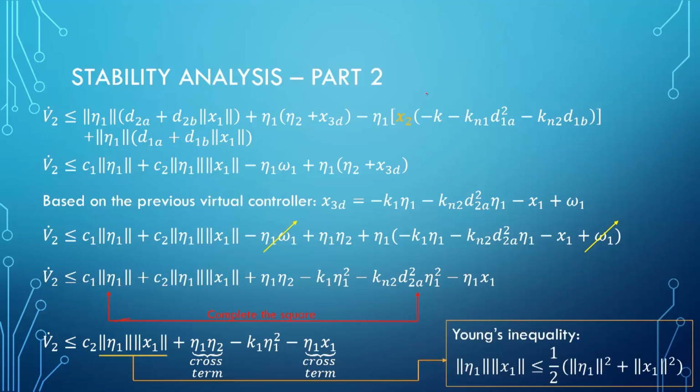And next, you can use Young's inequality to upper bound this term by some x1 norm squared and eta 1 norm squared and x1 norm squared. These are bad terms, but they can combine. These bad terms can combine with, eta 1 norm squared can combine with this k1 eta 1 squared. And that's the reason we use Young's inequality. So it's a bad term, right?